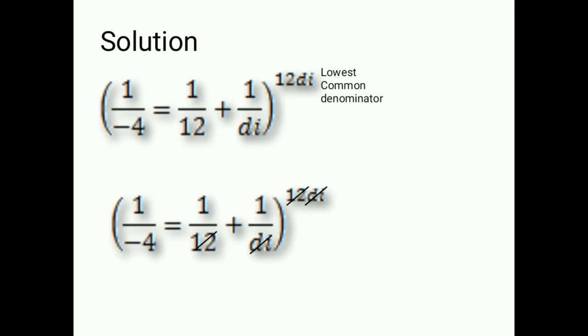So 12di times 1 over negative 4 will be negative 3di, equal to 12di times 1 over 12, which will be di, plus 12di times 1 over di.